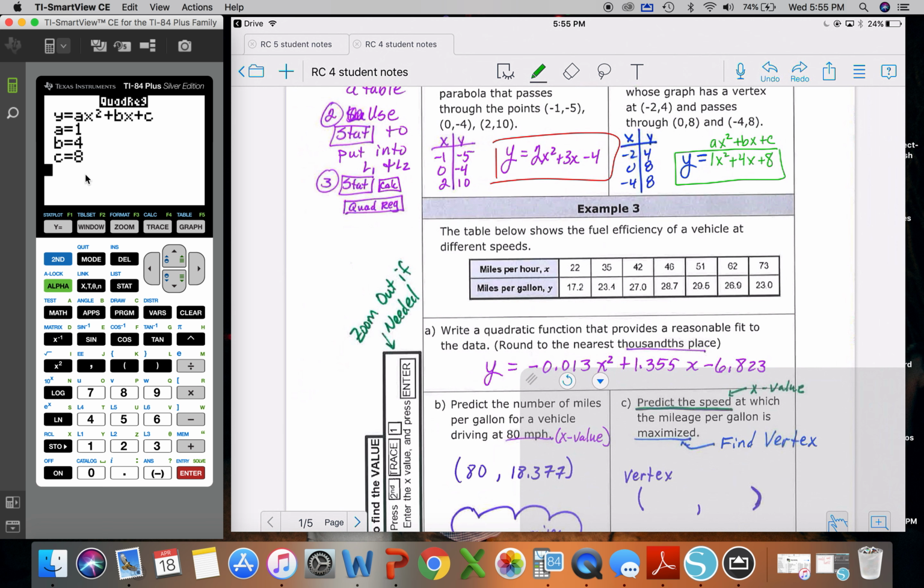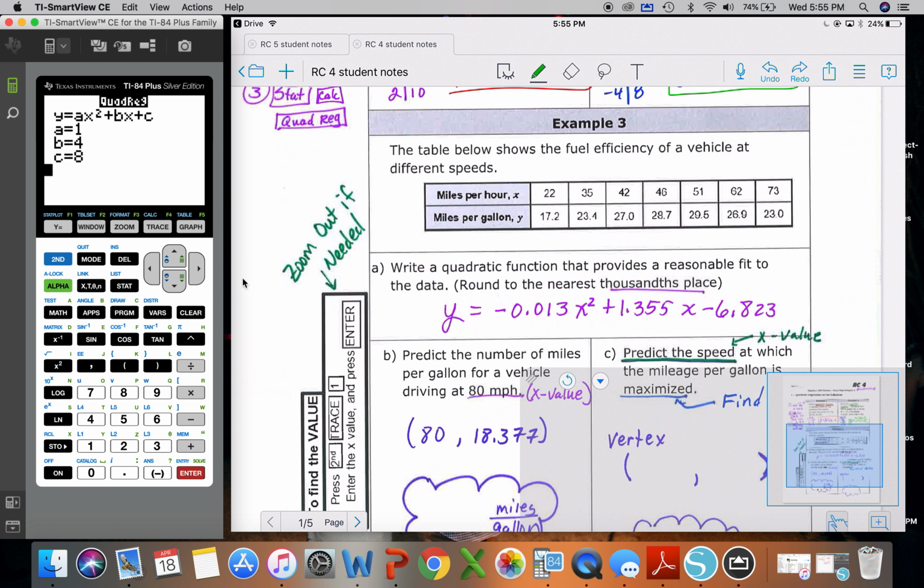For example 3, we're starting out with something similar. We start out with the table, and they give us miles per hour and miles per gallon. Part A, they've asked us to write a quadratic function that provides a reasonable fit for the data, and they asked me to round to the nearest thousandths place.